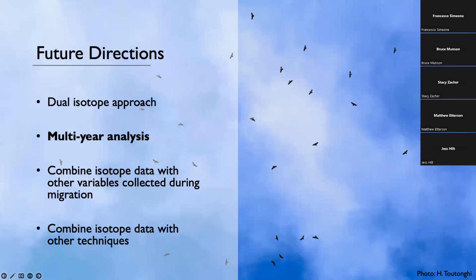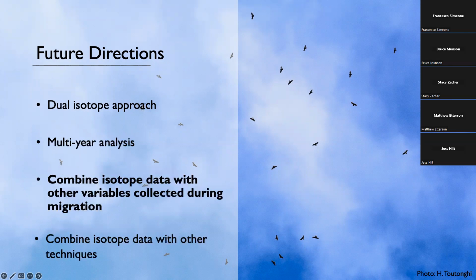Another area that I think would be interesting to look into is a multi-year analysis. All of this data came from 2020, and perhaps these trends are not apparent in other years. Another area that I'd like to pursue is combining isotope data with other variables that we collect during migration, such as contaminant data.